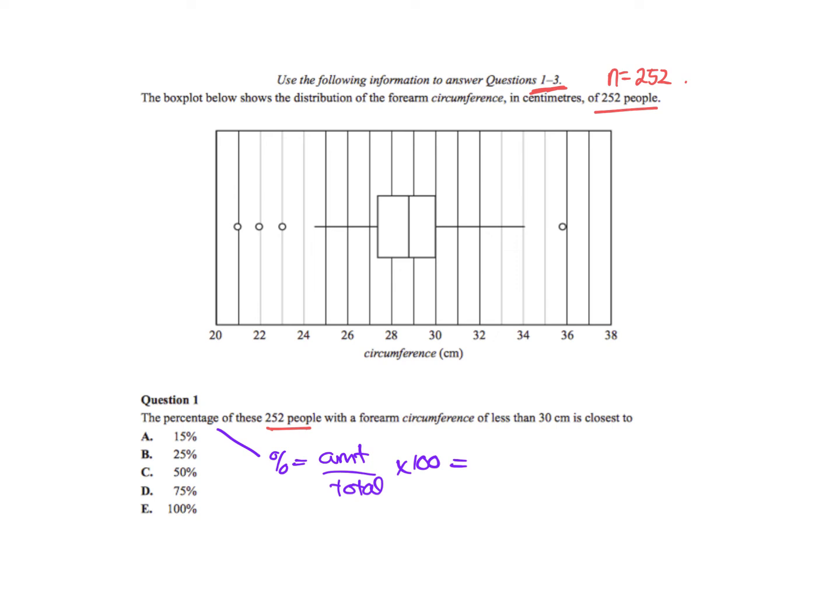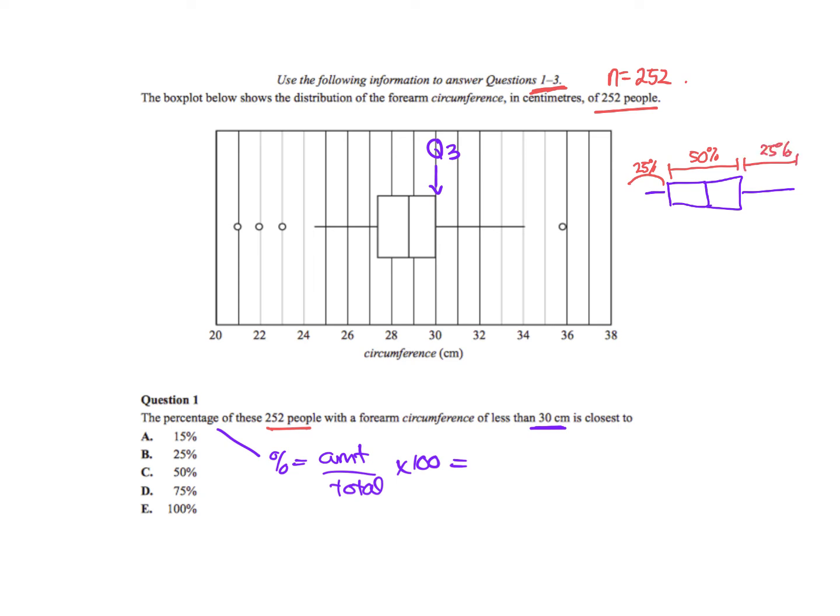But here we don't need to worry about this, because they're saying with the forearm less than 30. So if we go up to 30, would you agree that 30 is your Q3? Yes. So what we're going to talk about here is when we have a box plot, from here to the end is 25% of the data. We know in here is 50% of the data, and there to there is 25%.